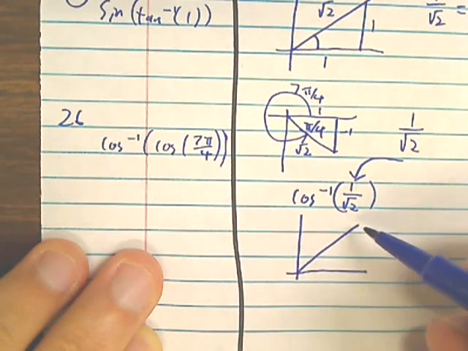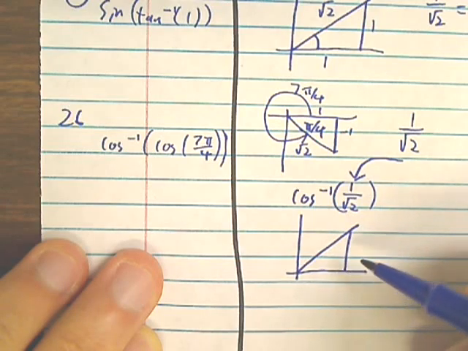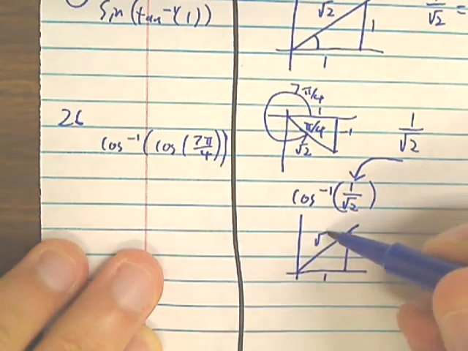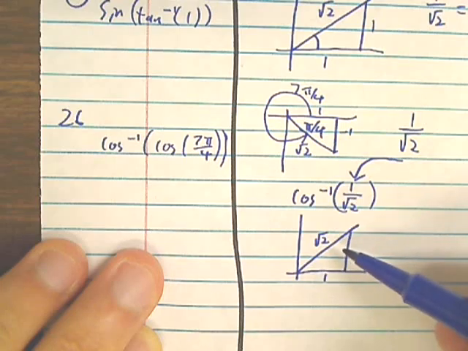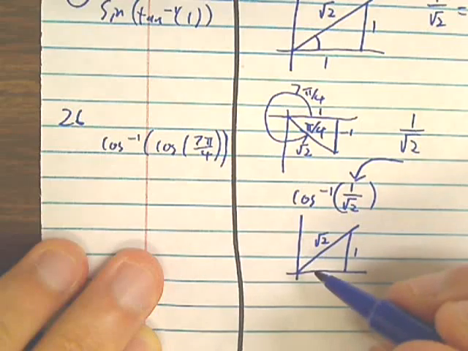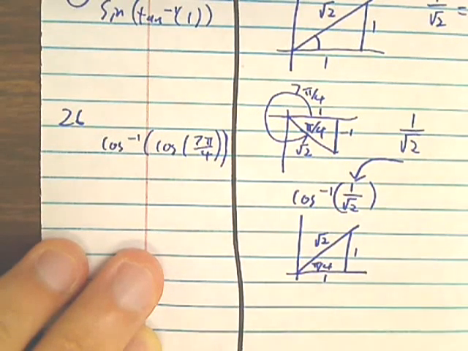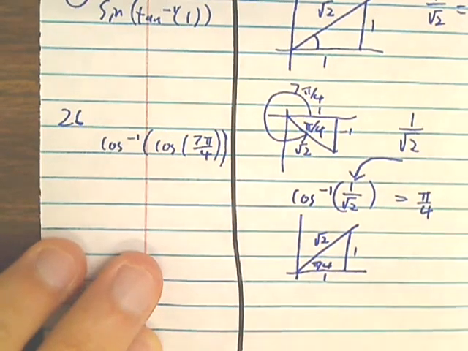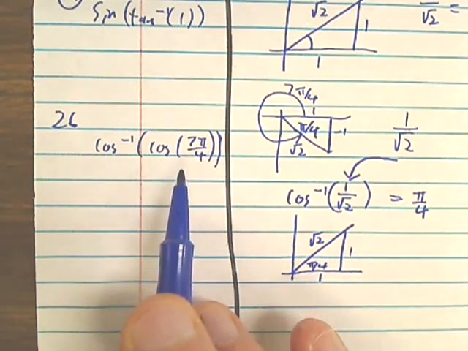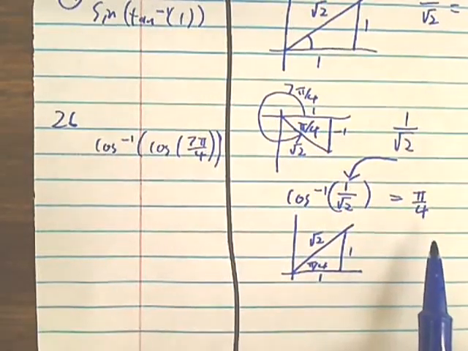Let's go to the first quadrant now. 1 over square root 2, adjacent over hypotenuse. And you can see it just kind of flipped it over the x-axis. Took it down here and flipped it up. So my answer is going to be pi over 4. So the inverse cosine of the cosine of 7 pi over 4 is pi over 4.